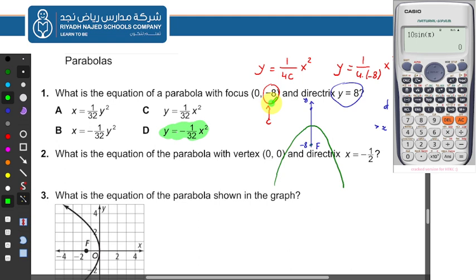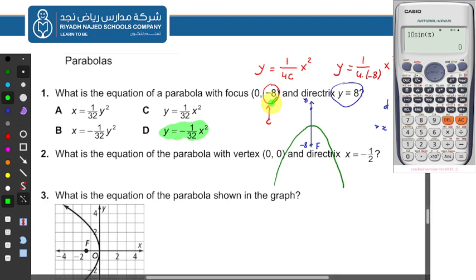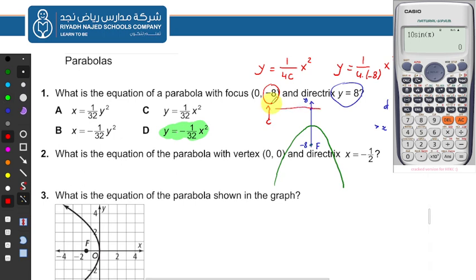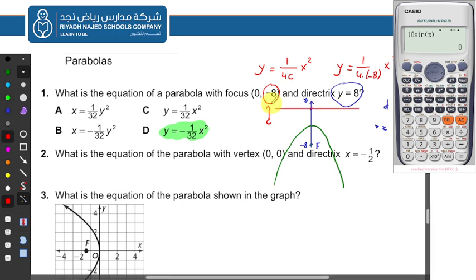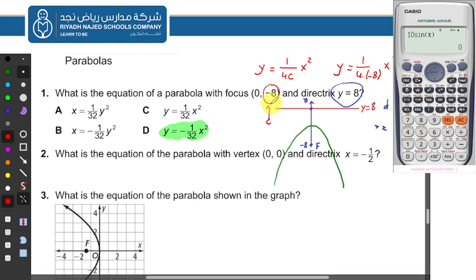So it is important to draw. In this part of the lesson, you have to try to get an idea about the shape, the type of the parabola. Okay, so the directrix is y equals 8, and the focus is here.